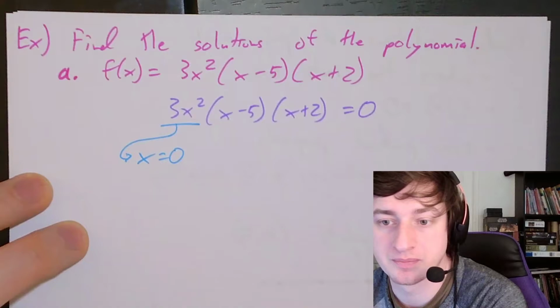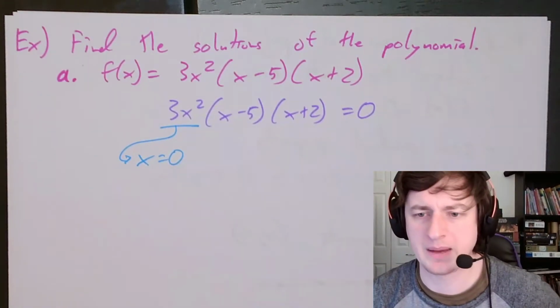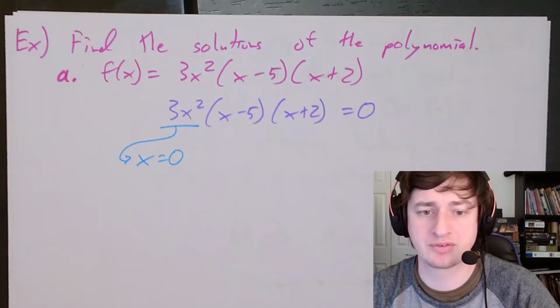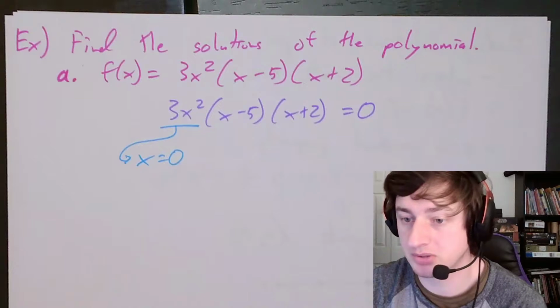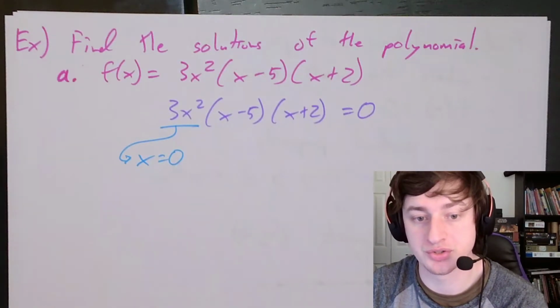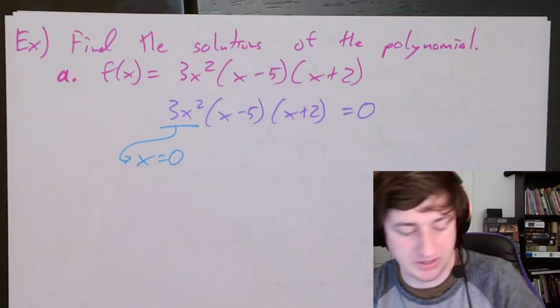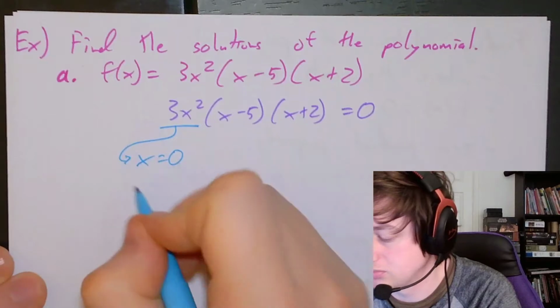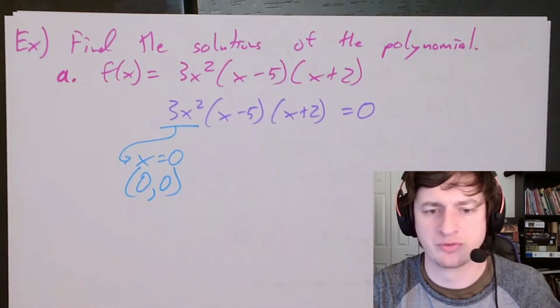We have 2 copies. That one's easy. The x out front, always, if there's a greatest common factor with a variable in it, we're going to get 0 as one of our solutions. Okay, and so that would actually give us the coordinate point 0, 0.